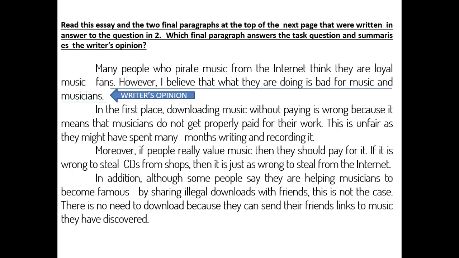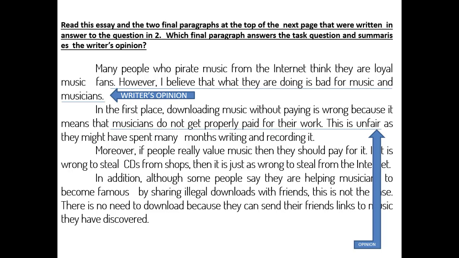Let's check it out. From paragraph 2, the idea from the writer is that musicians do not get properly paid for their work, so this is unfair. That is the second opinion from the writer.